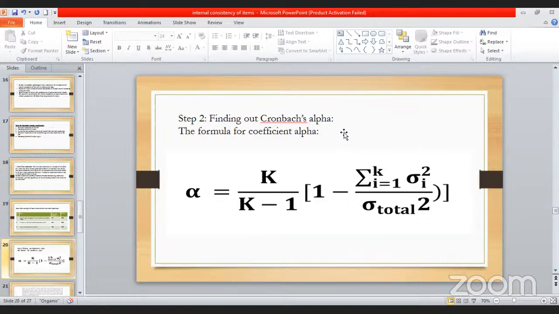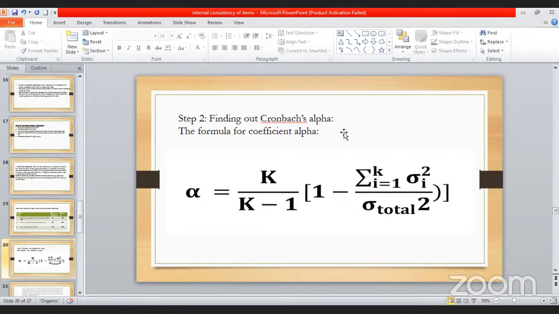The formula is alpha equals k divided by k minus 1, into 1 minus summation sigma square, where the limit goes from i to k, divided by sigma total square. For the calculation of Cronbach's alpha, you have to find the variance of each individual item, and then sum up those variances, and that will be the summation sigma square.